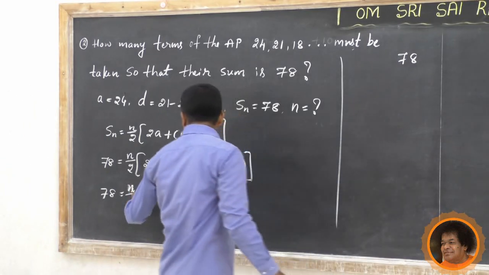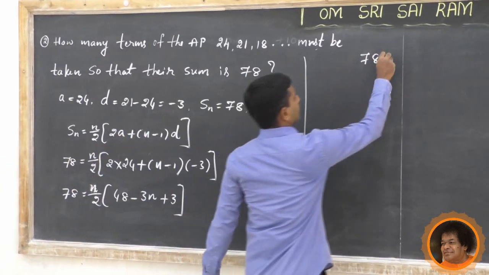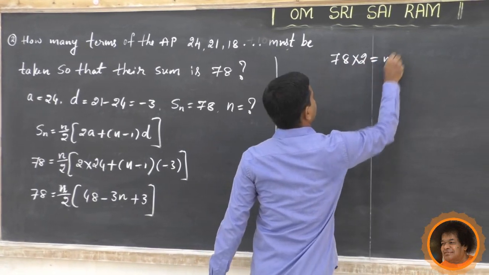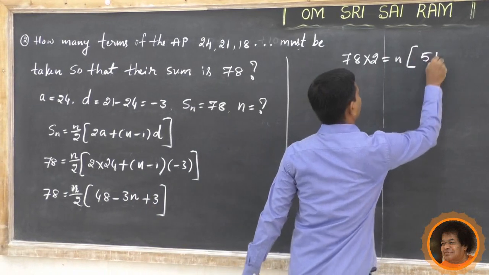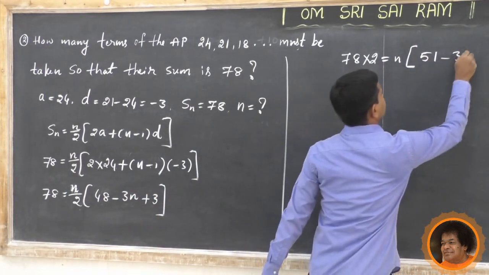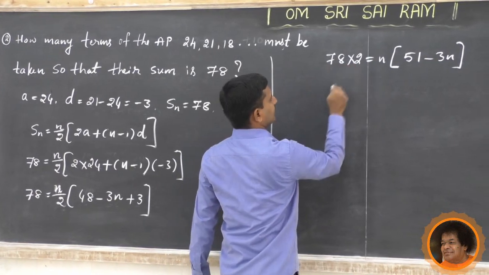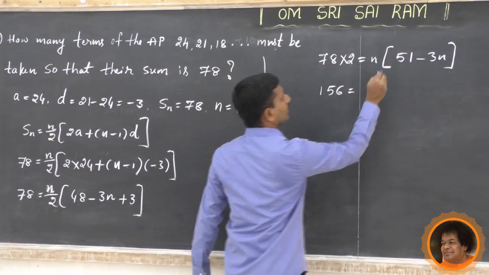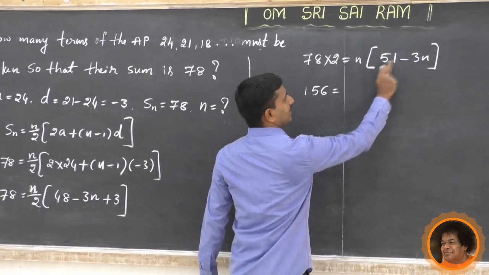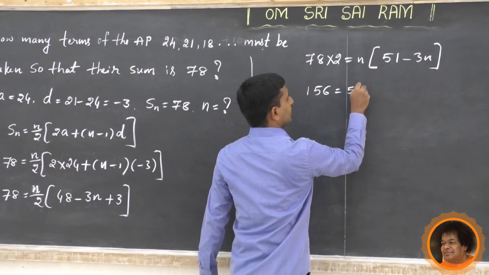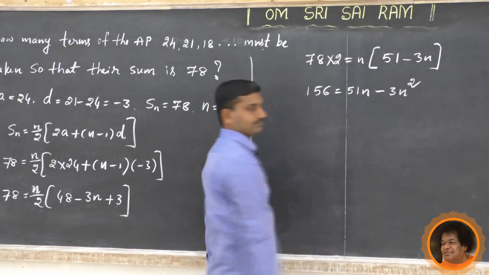78, so here n by 2, the denominator 2, transpose that term, so into 2 equal to n into 48 plus 3, that is 51 minus 3n. Multiply 78 into 2, that is 156, equal to n into 51 minus 3n. Monomial into binomial, multiply each term: n into 51 is 51n, minus 3n square.